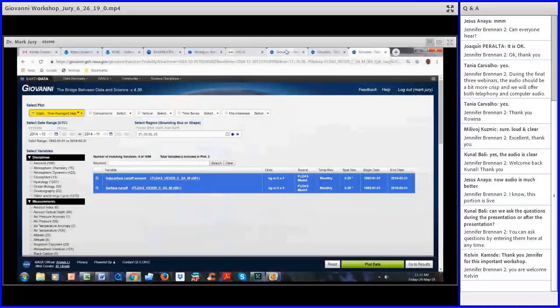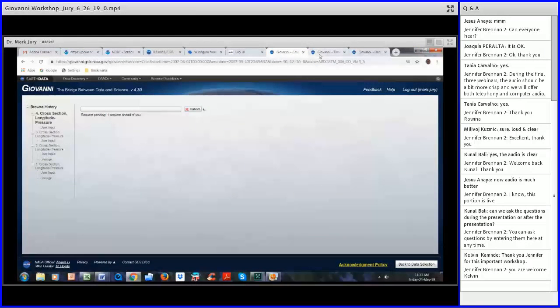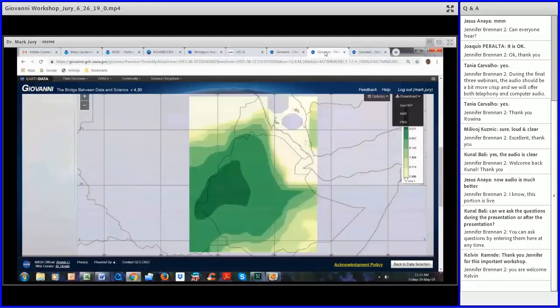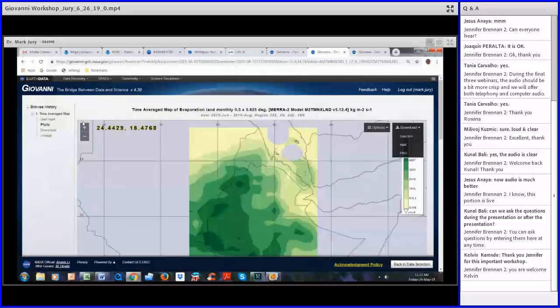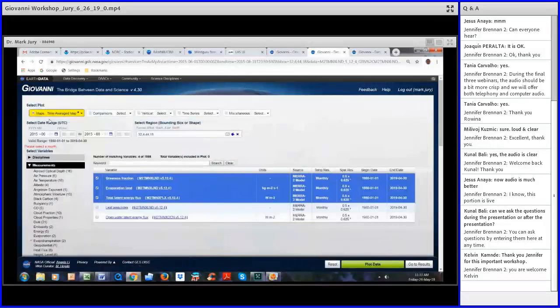We go back to the request. It's still pending, so at least it's moving along, and we have then made some progress here to be able to download this information. There's other options as well. What I think I will do then is go back to user input and demonstrate another feature here, which would be the downloading of time series information.